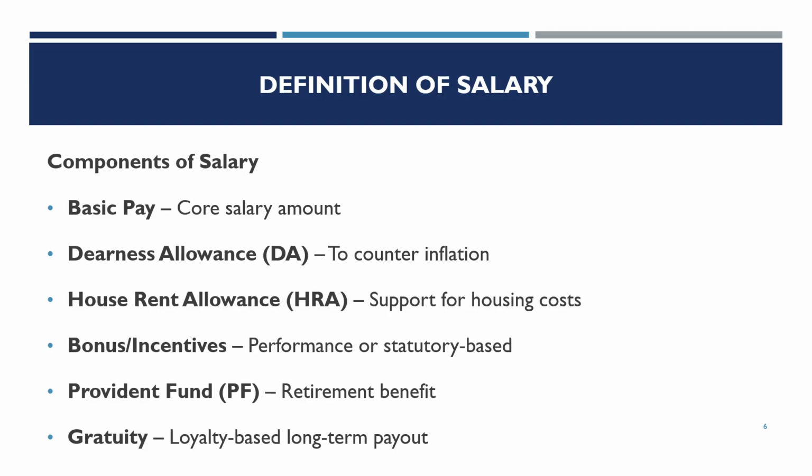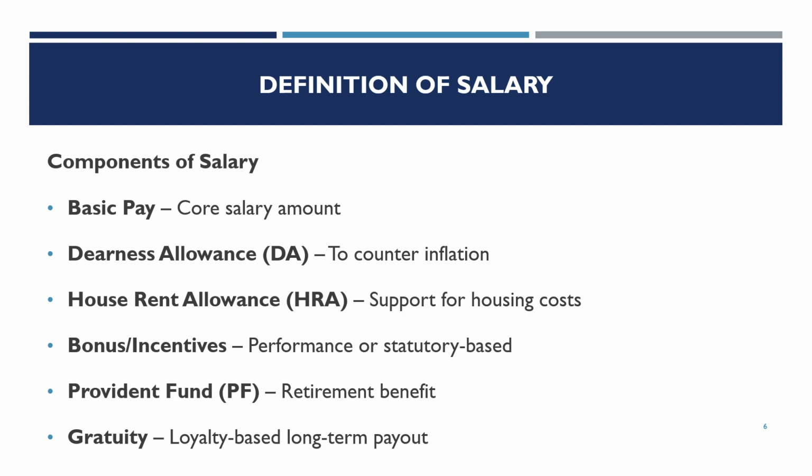The second component is dearness allowance, DA. Dearness allowance is provided to protect the employees from inflation. That is a counter to inflation, you can say.